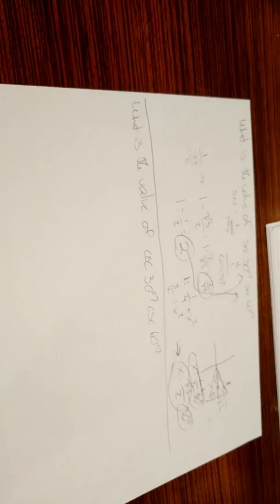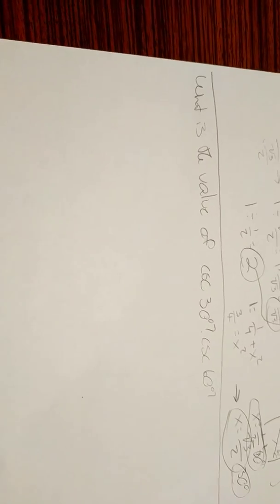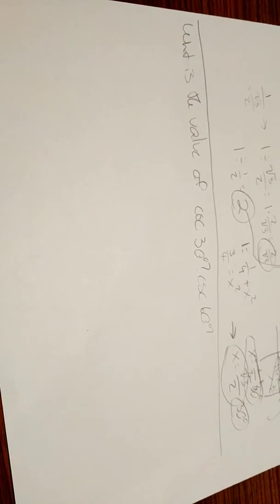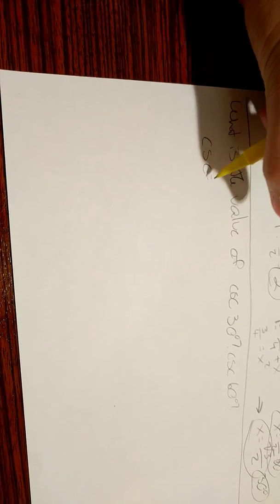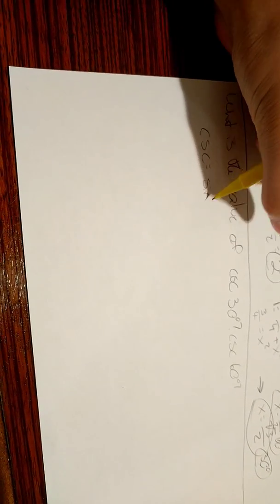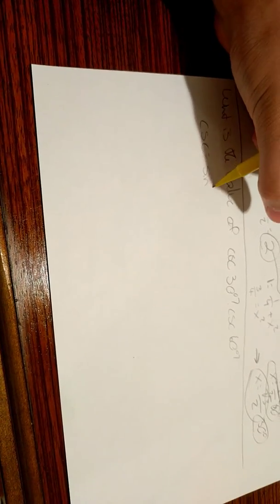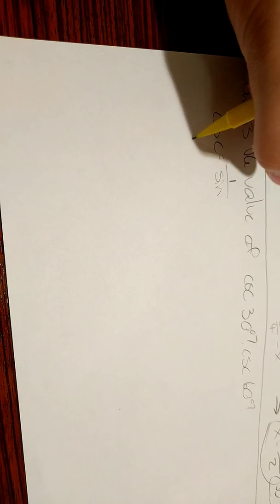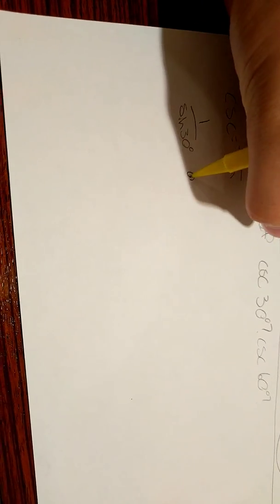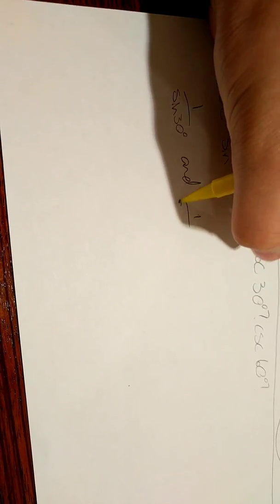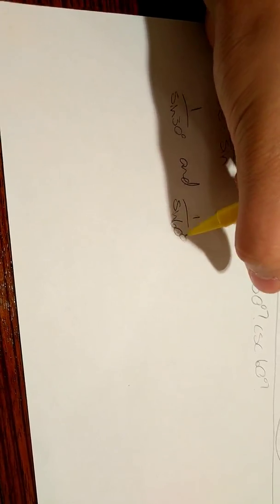Okay. So now I need to find the value of cosecant of 30 and cosecant of 60. So again, cosecant has the co, so this one's not going to have the co, so cosecant is equal to 1 over sine. So I need to find out what 1 over sine of 30 degrees is, and 1 over sine of 60 degrees.